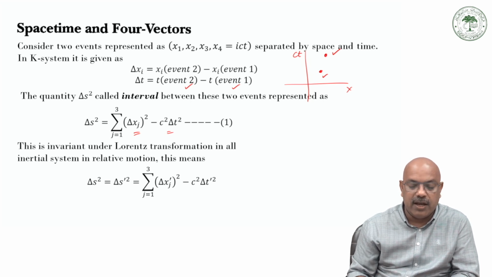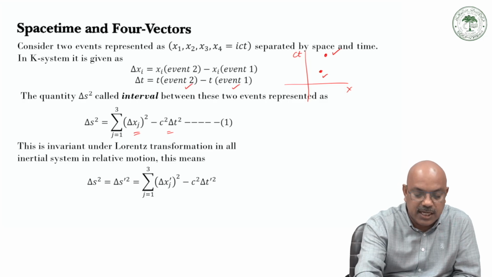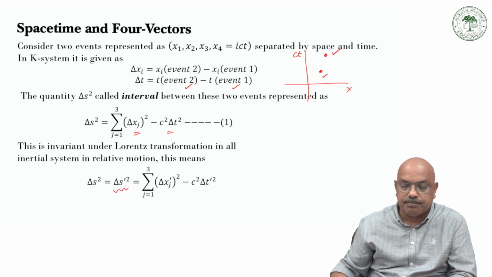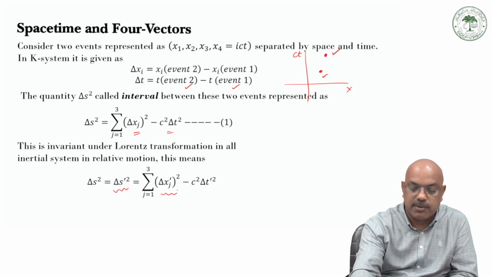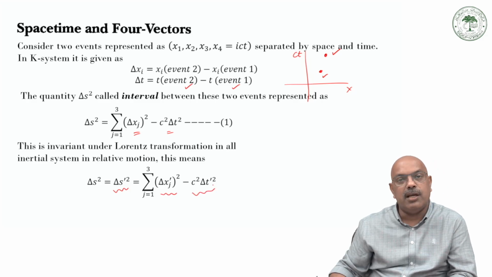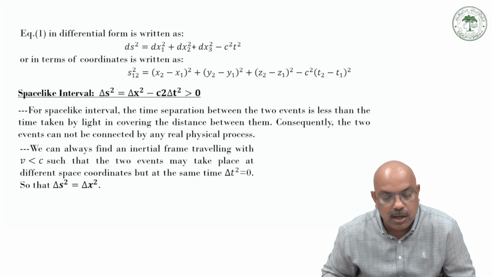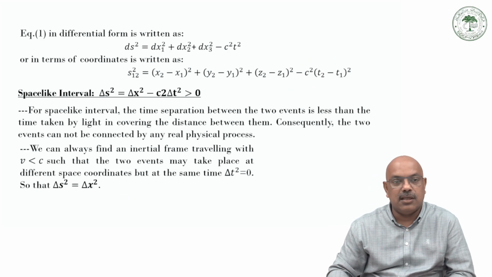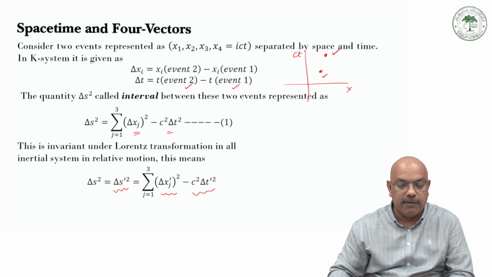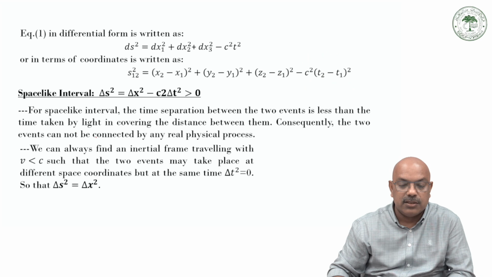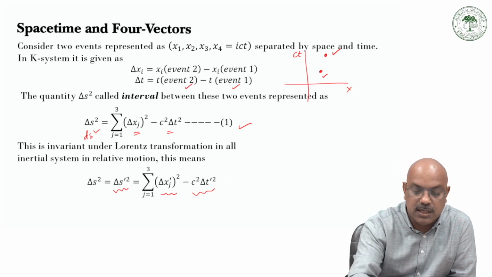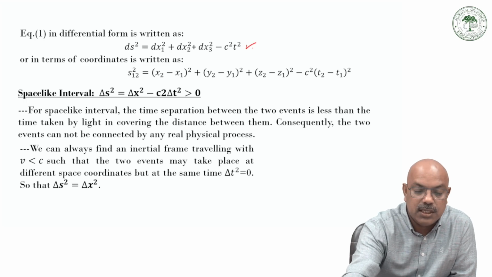This means that if I have delta s prime in K prime in Minkowski space, then it is going to be delta x prime square minus c square delta t prime square. I'm not going to prove it, because this is evident and you have already done it. From equation 1, in differential form, I can write ds square as dx1, dx2, dx3 and c square dt square.